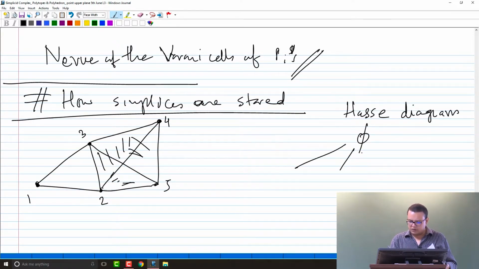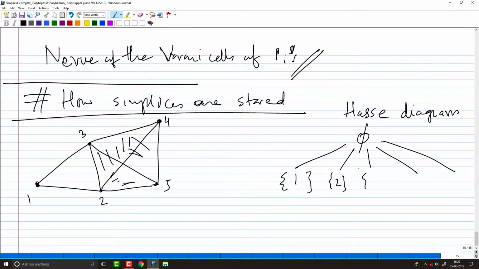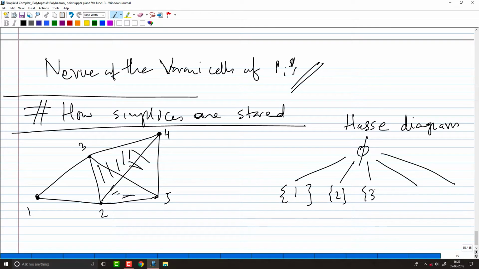Are people familiar with Hasse diagrams? No, okay. Then the next level is level 1 sets: 3, 4, 5, because all 5 vertices are there.